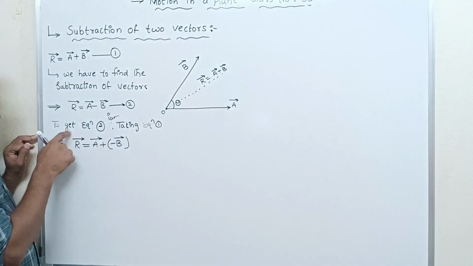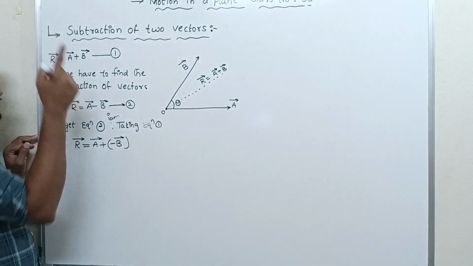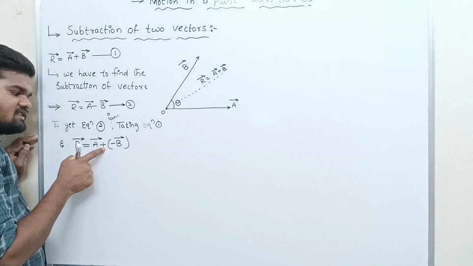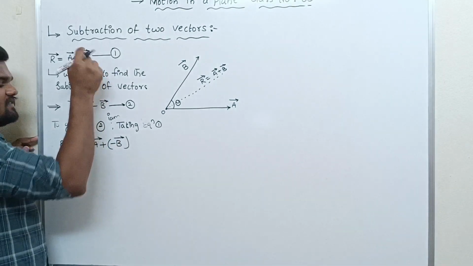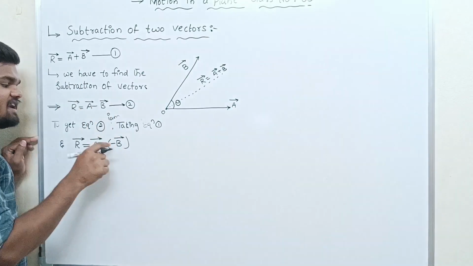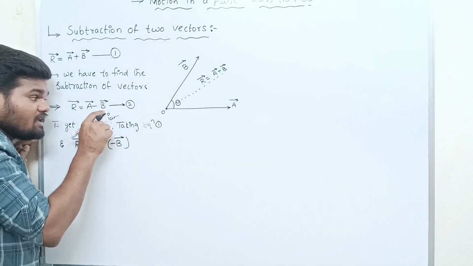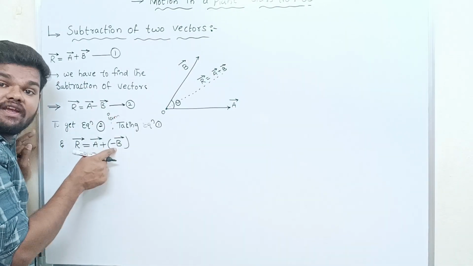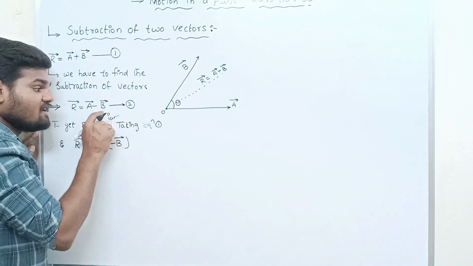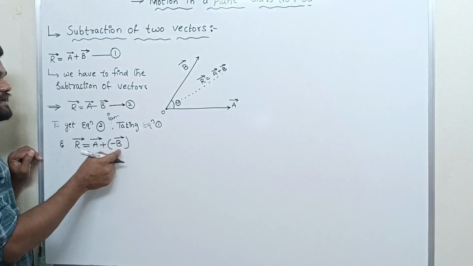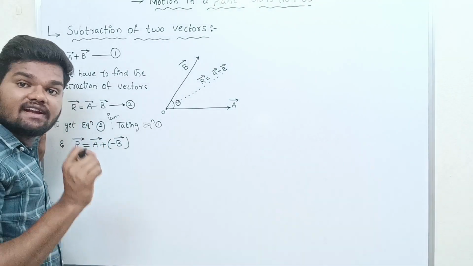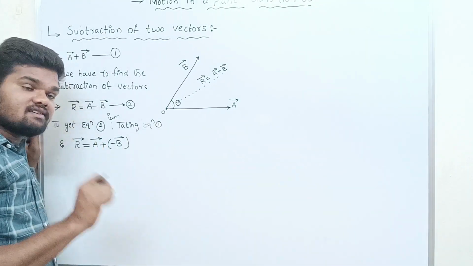Can I write like this? To get equation number 2, equation 1 can be written as a bar plus minus of b bar. Plus into minus gives minus. So equation 1 gives equation number 2 when the b bar vector becomes minus b bar vector. So the subtraction of two vectors is R bar equals a bar minus b bar.